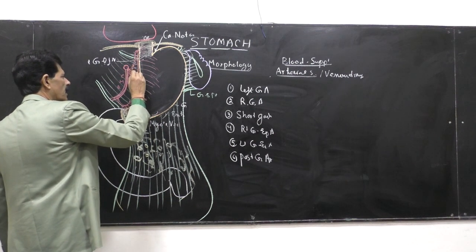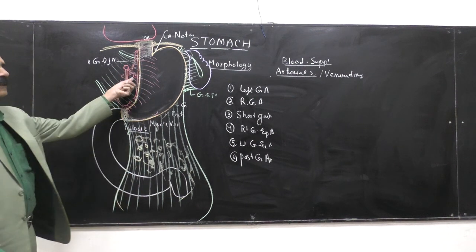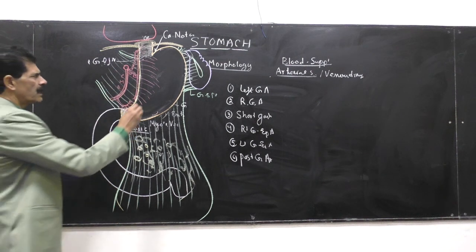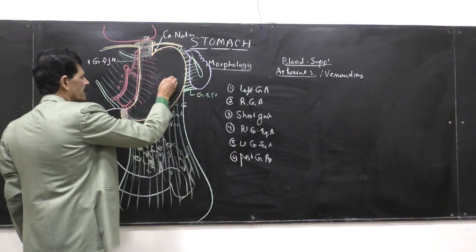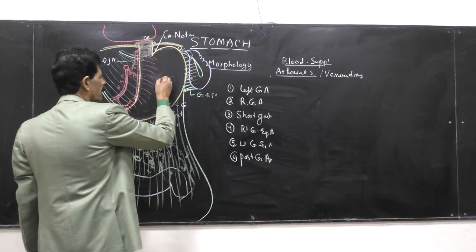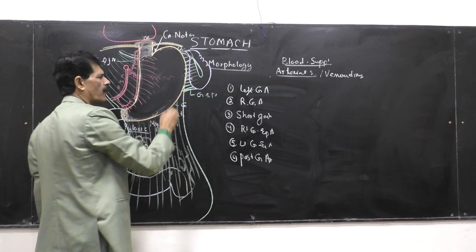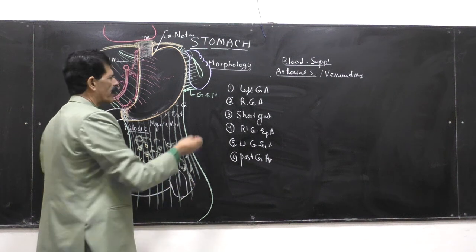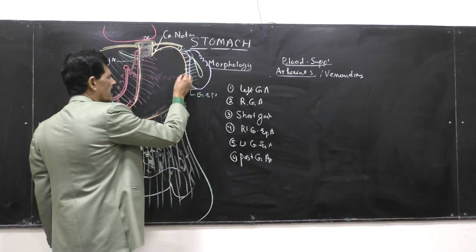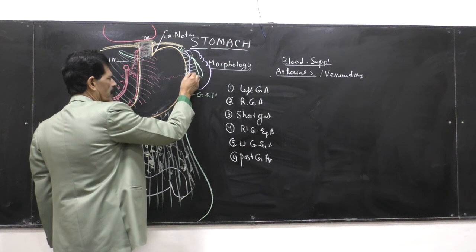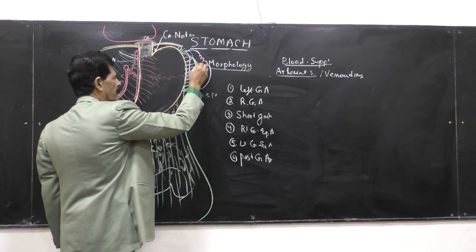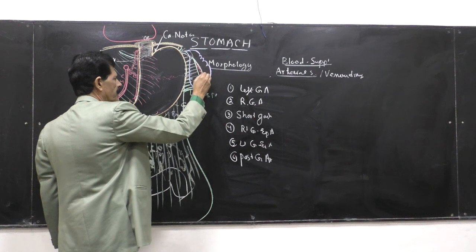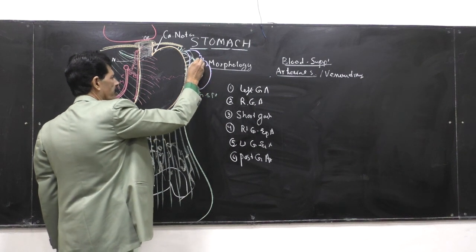This splenic artery also runs retroperitoneally behind the stomach bed, and this tortuous splenic artery runs over the upper border of the pancreas, which is also retroperitoneal, and reaches the lienorenal ligament. In the 2 layers of the lienorenal ligament, the splenic artery enters the hilum and supplies the spleen.